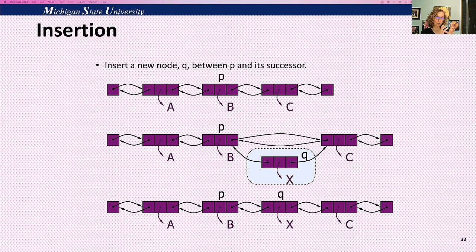Pretty much you have a node with an element B. You have a node that's coming in as brand new as element X. You have a node with an element C. So you make sure B's next is pointing to element X, and X's next is pointing to element C. And while you're doing that, you make sure X's previous is pointing to element B, and X's next is pointing to element C. So if you don't want to talk about P's and Q's, you can just simply use the element to help your brain understand how the previous and the next work.